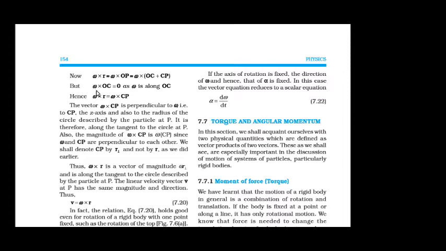So from the figure, omega cross r is equal to omega into OP. Instead of OP, we can write OC and CP from this figure.